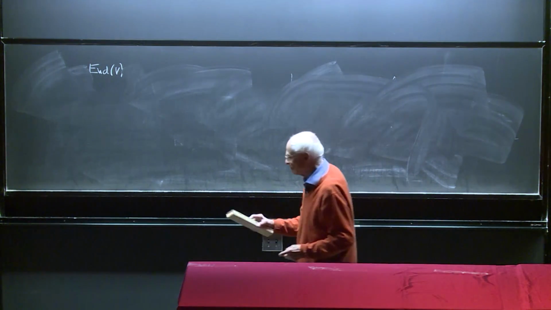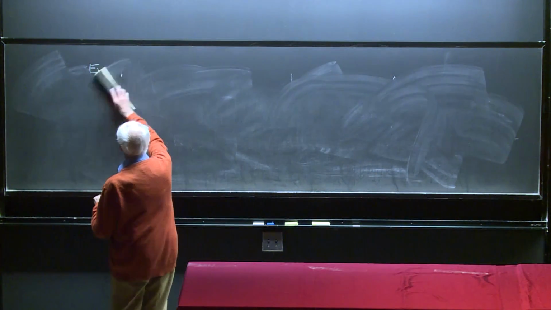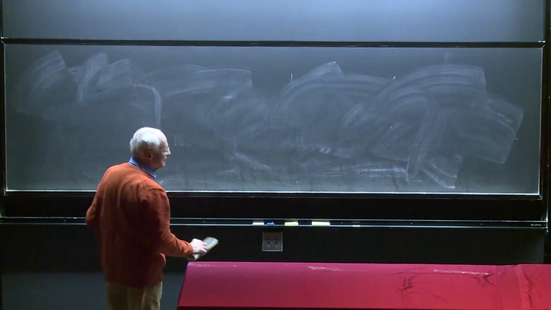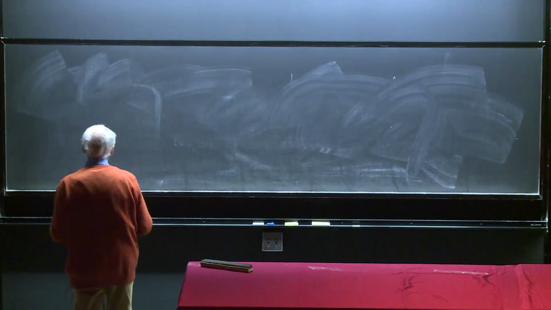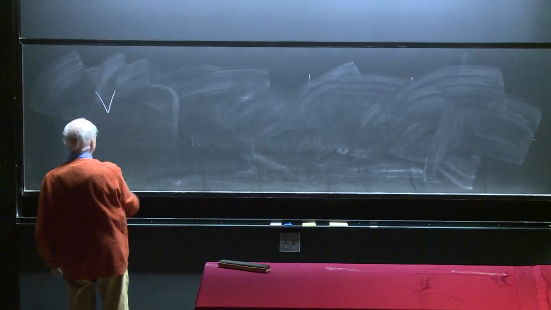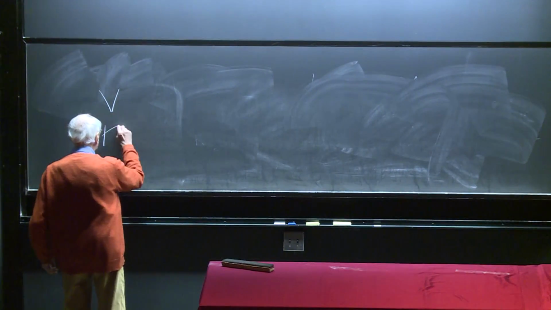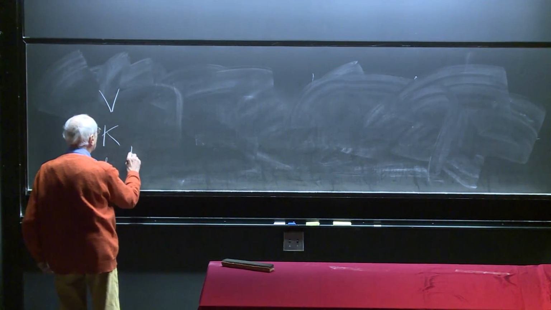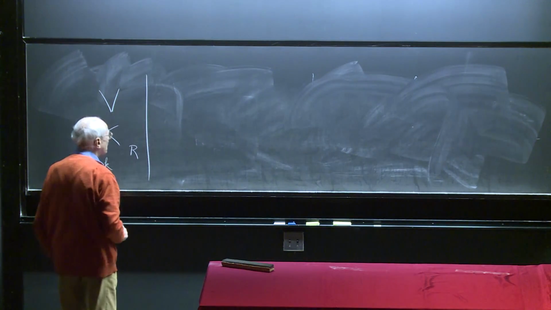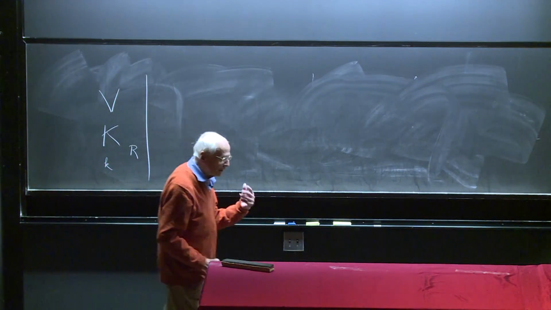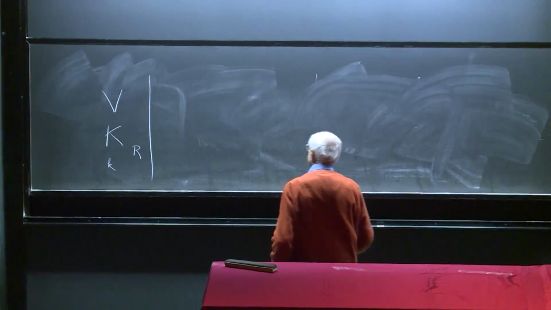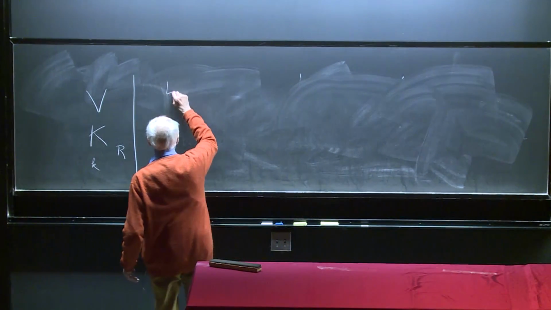And since I have not found that game in the literature, it's worth telling it. So I fix a V, like I had before, with this K, little k, R, and so on. And I'm interested in the different lattices, L, M, and so on.